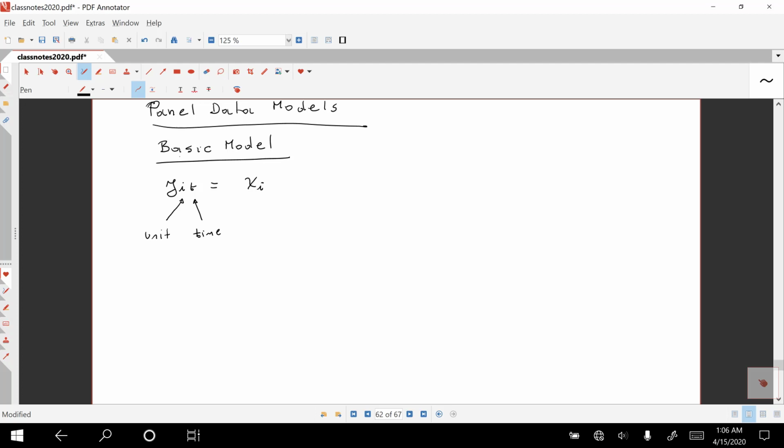Of course, we also have data on a vector of explanatory variables that are time variant. So these explanatory variables change through time. This is what are called time variant explanatory variables.